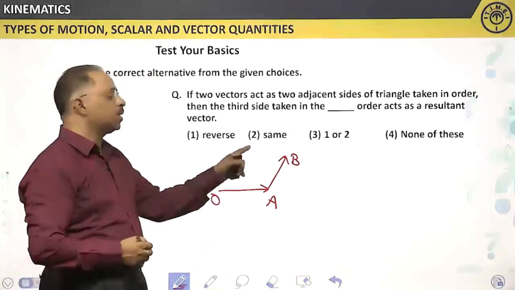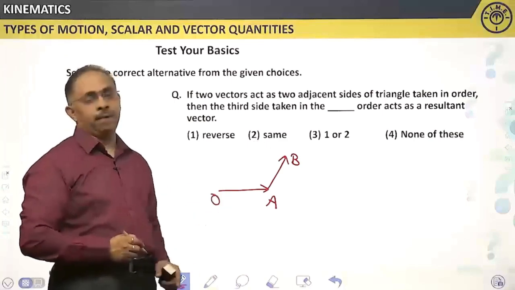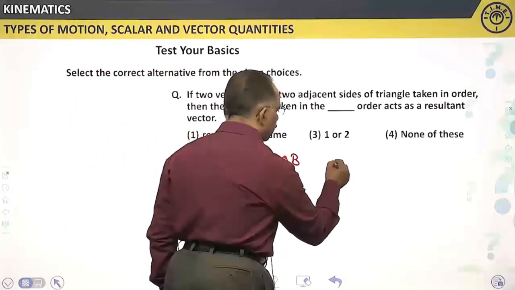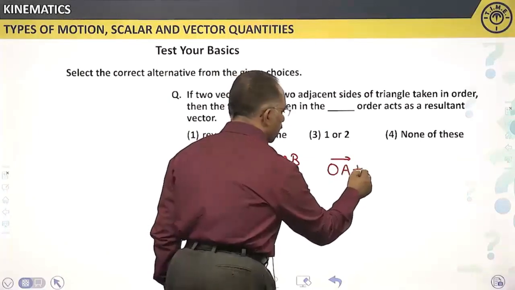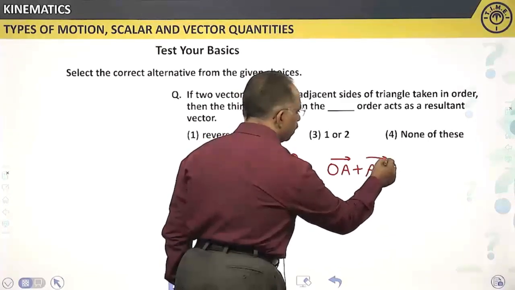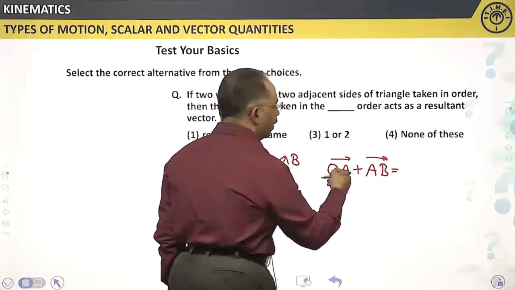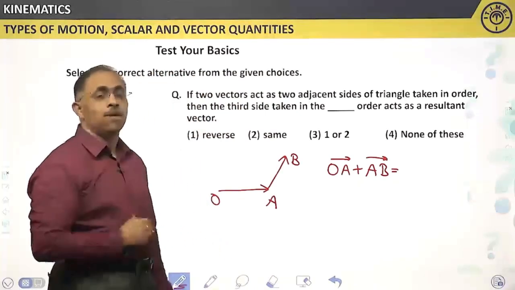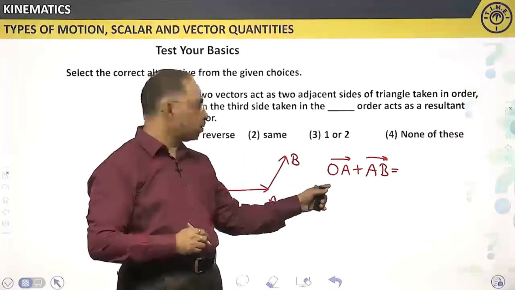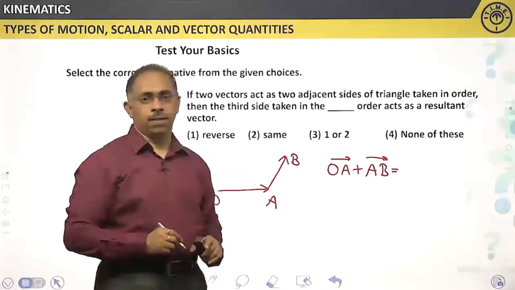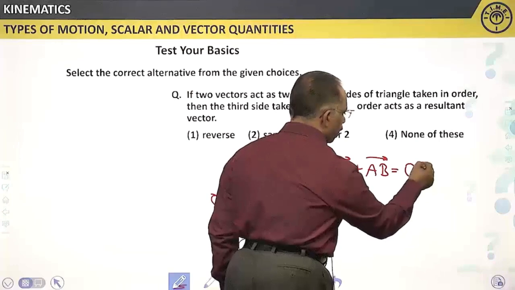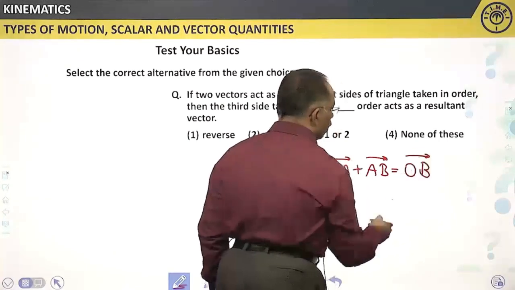Now, I should add these two, OA plus AB. When I add these two vectorially, what will I get? The starting point of the first vector to the ending point of the second vector. So, I will get it as OB. Is it clear?